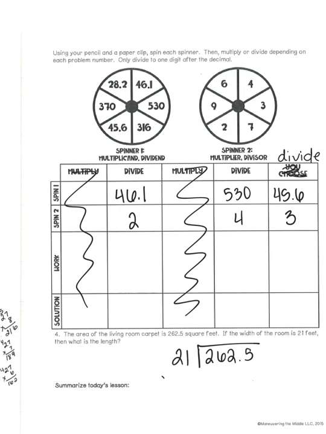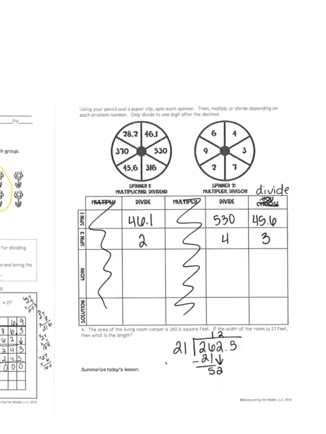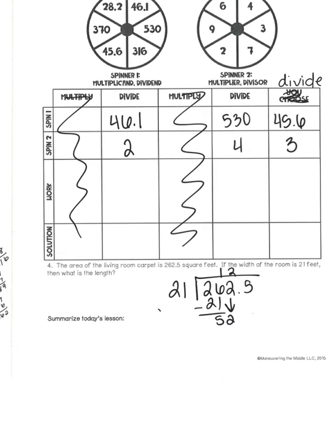So 21 goes into 26 one time. You have 5 left over. Bring down your 2. 21 goes into 52 2 times. I'm going to move my paper up a little bit. There we go. You get 42. So I have 10 left over. I bring down my 5. Make sure you bring up your decimal into your answer. And 21 goes into 105.